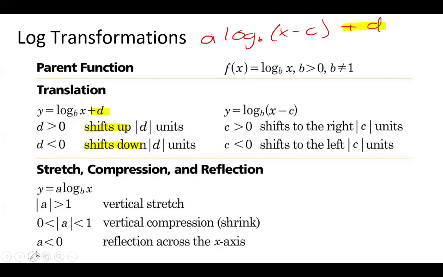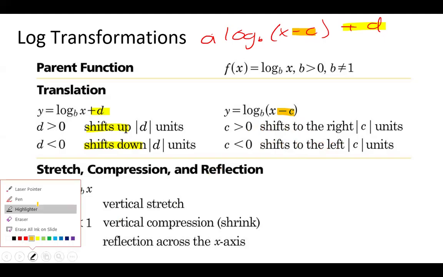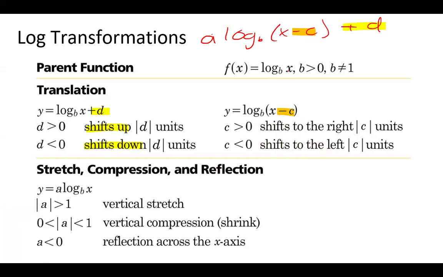Next up is your C. C is a little trickier, okay? For C, we've got to remember that x is a liar. So even though it looks like it's minus C, it's actually going to be shifted to the right. And even though it looks like it's plus C, it's actually being shifted to the left. What also makes C special is that C is your asymptote.